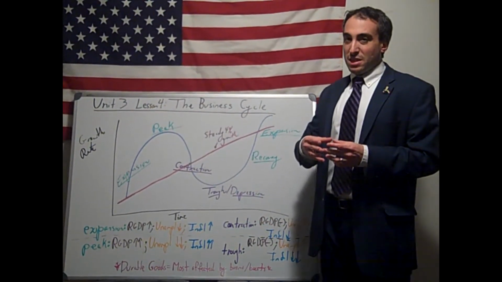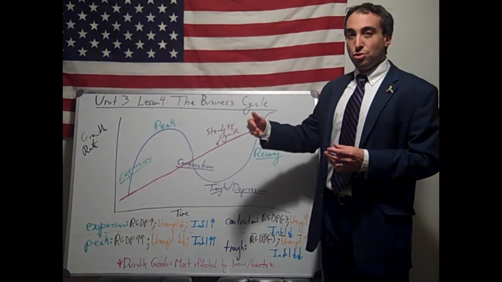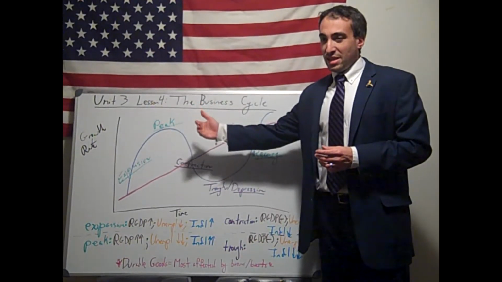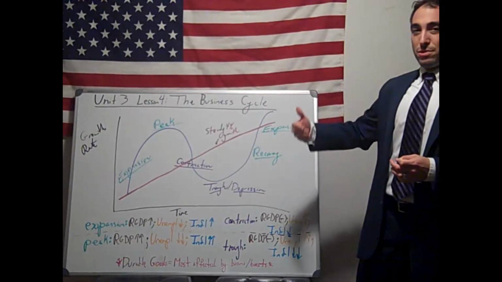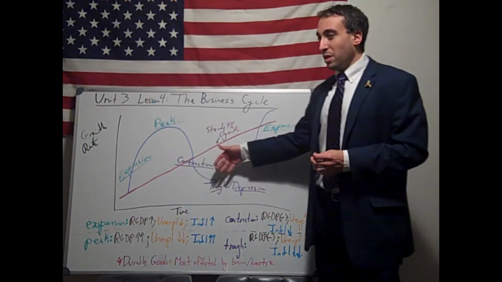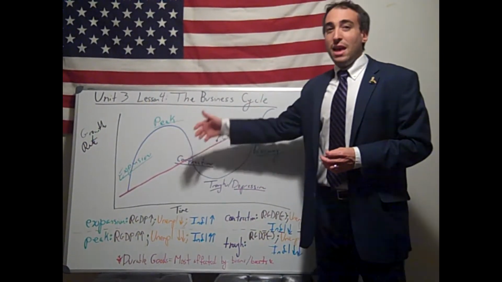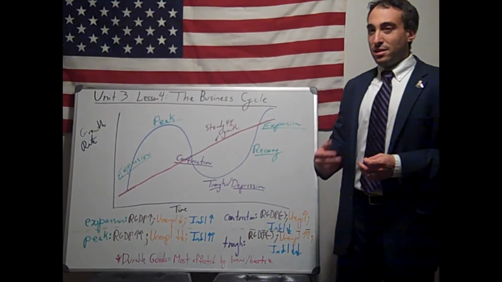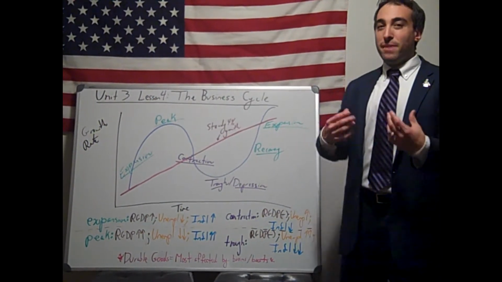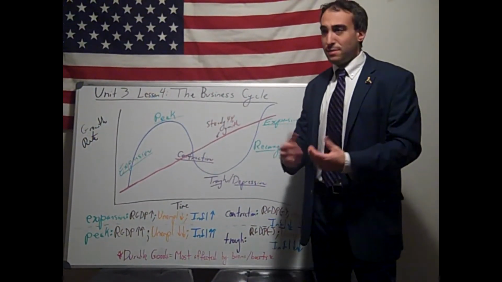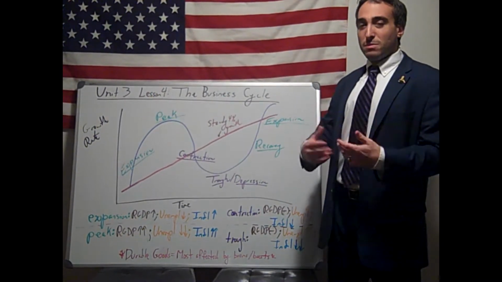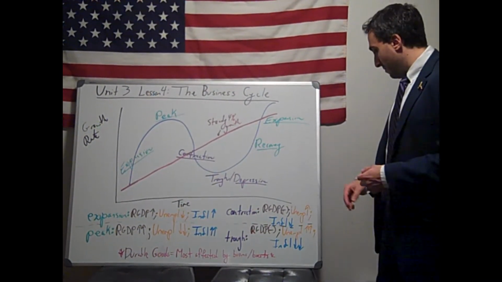That means businesses don't need the labor to produce those goods and services, and that leads to increased unemployment. So now unemployment is beyond the natural 4%, and we start seeing cyclical unemployment, 5%, 6%, 7%, as GDP becomes more and more negative.